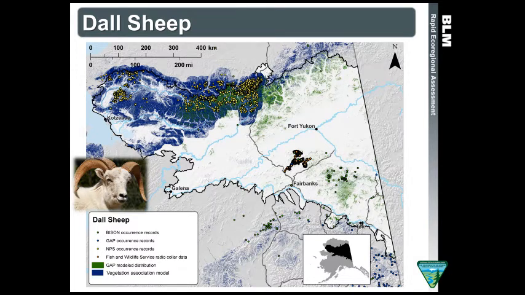I was wondering if there was any effort to correlate with either DEM, so elevation, or not so much total elevation, but steepness, like localized change in elevation, or climate. I'm just trying to think of other variables that could be thrown in that might show a good match. Again, I'm not a sheep expert, but I do know that they like steep hill slopes. I don't know if you looked at that at all.